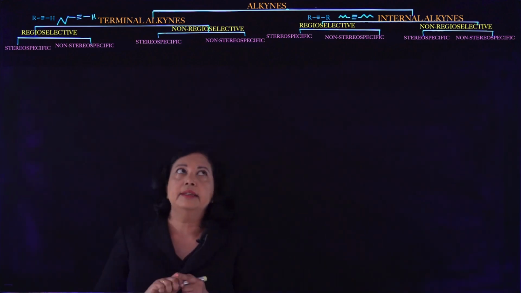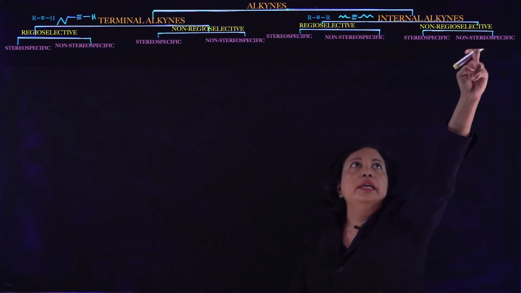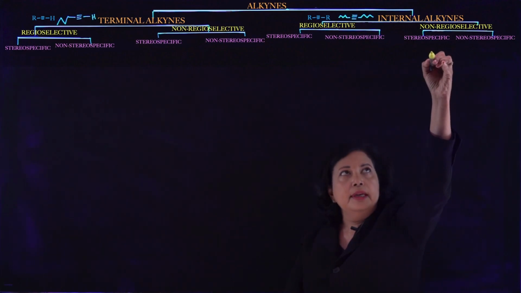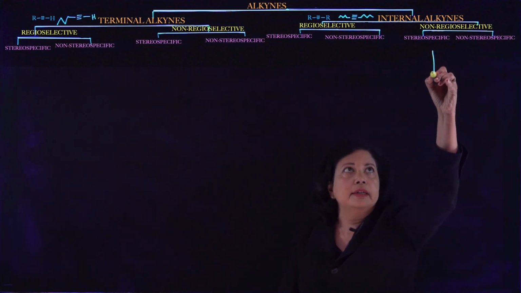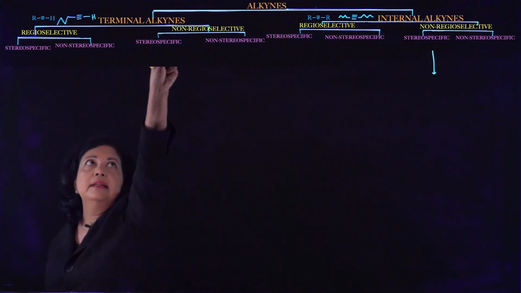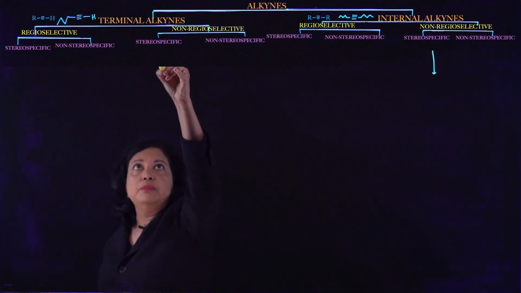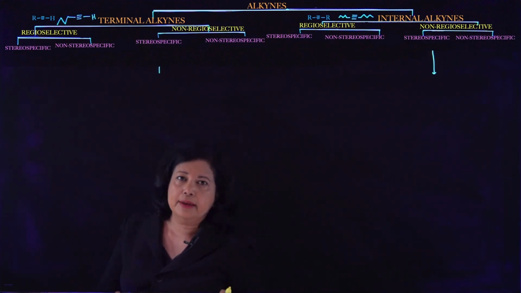So if you take the internal alkyne, it is going to be non-regioselective, and you can have stereospecific additions. And it's the same here. If you take the terminal alkyne, it will be non-regioselective, but it will be stereospecific. Let's look at these reactions.